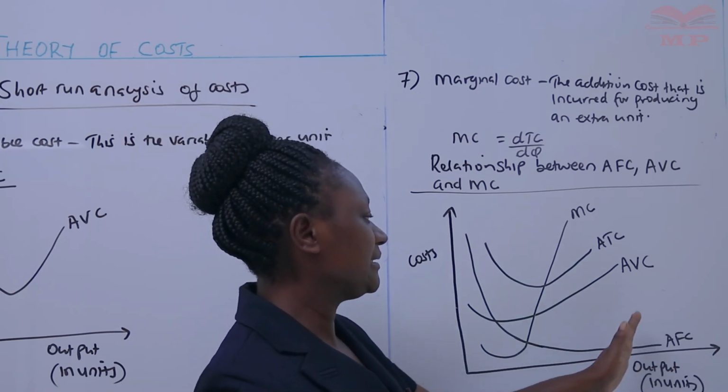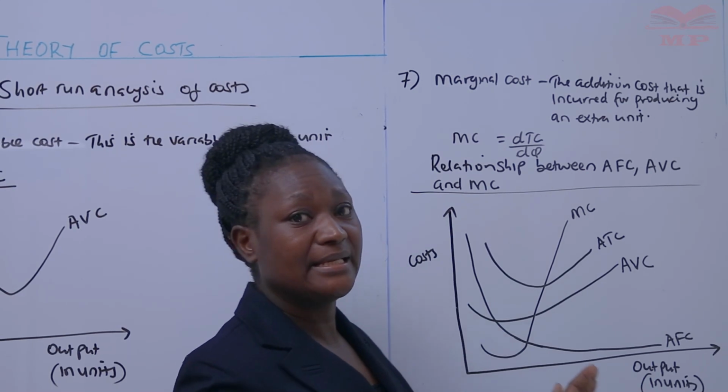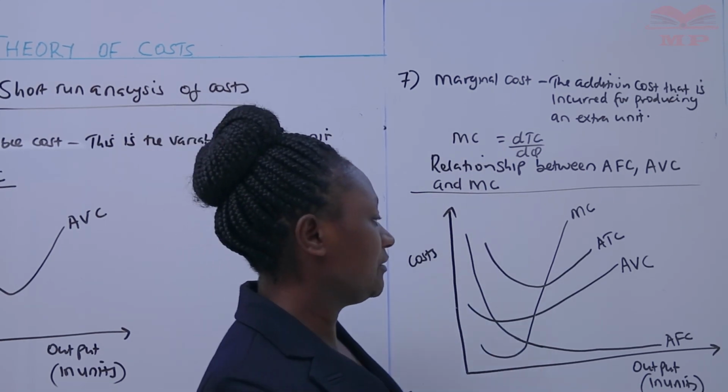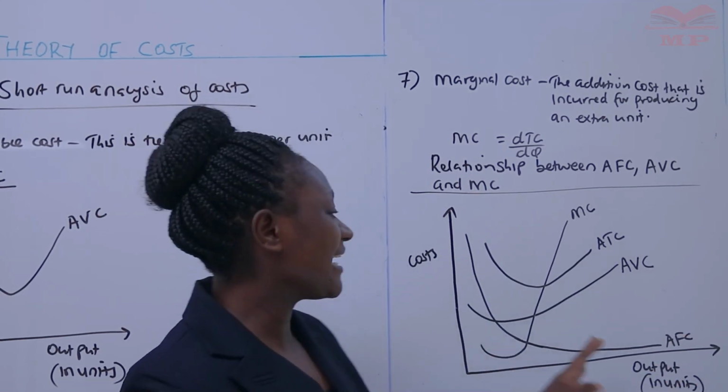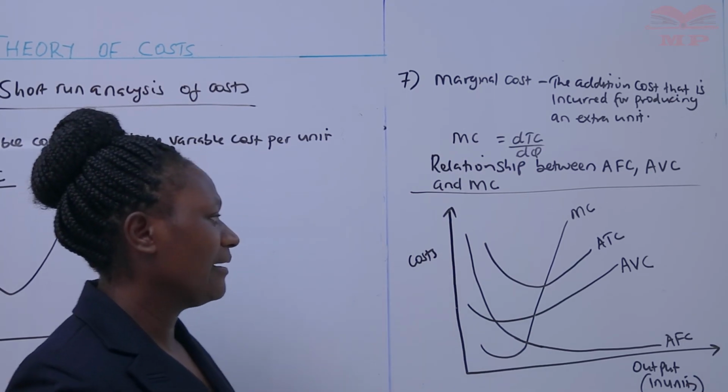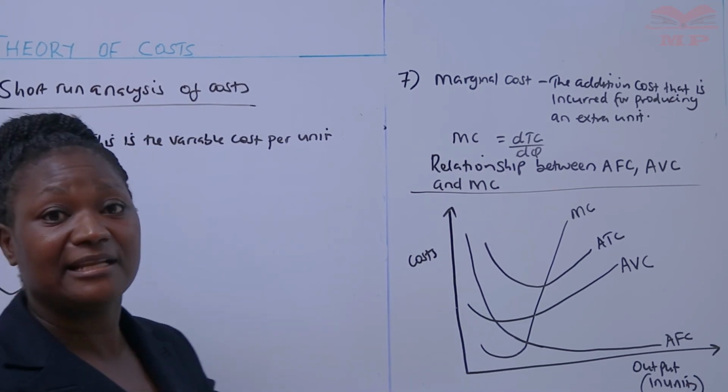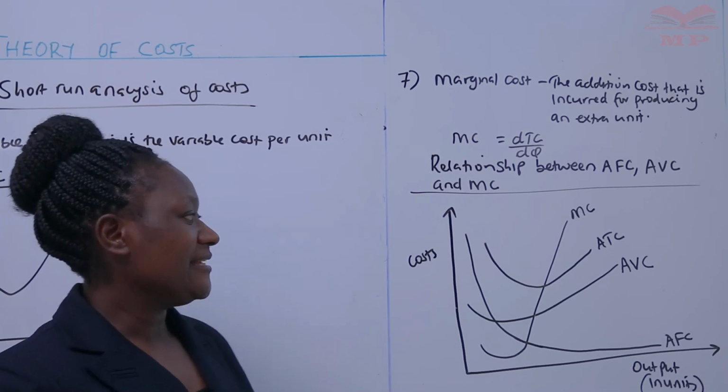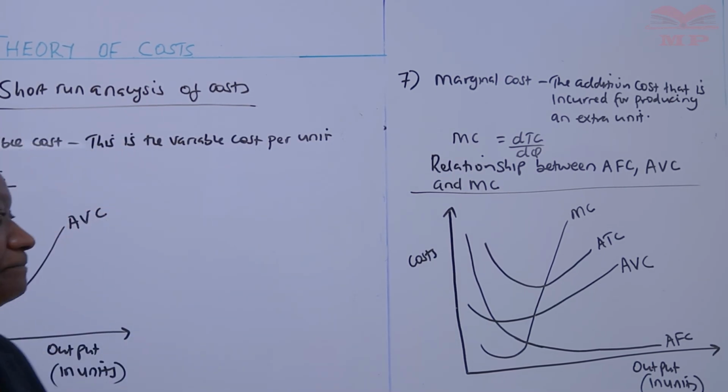So we say it is asymptotic, meaning it cannot touch or intersect with the x-axis, neither can it intersect with the y-axis. So this is the relationship between these curves.